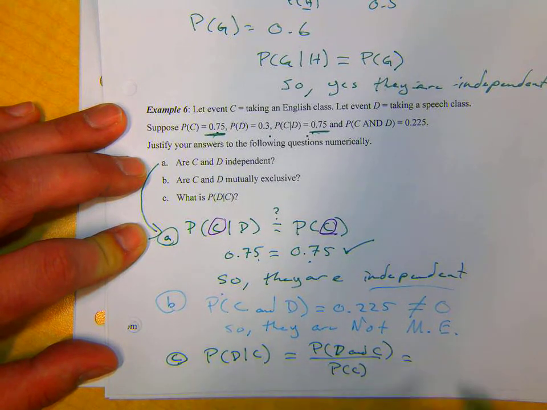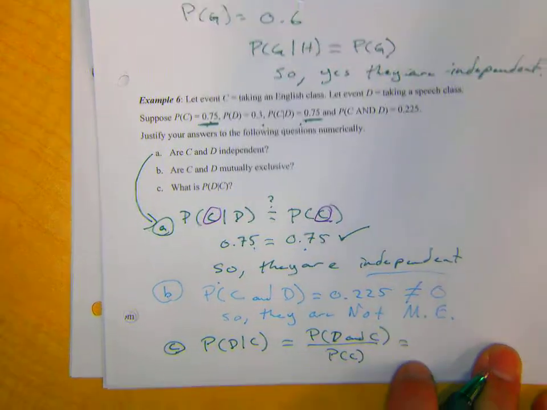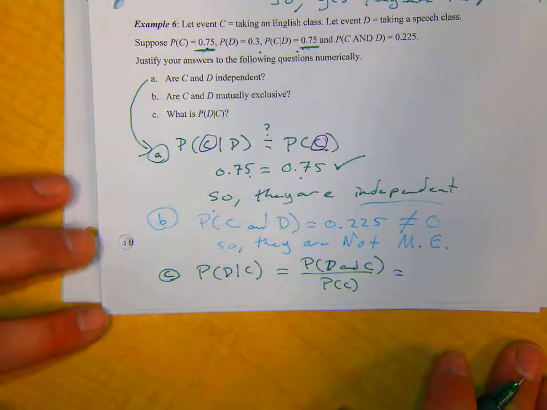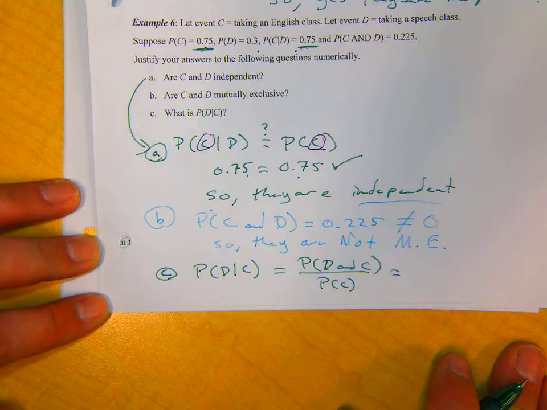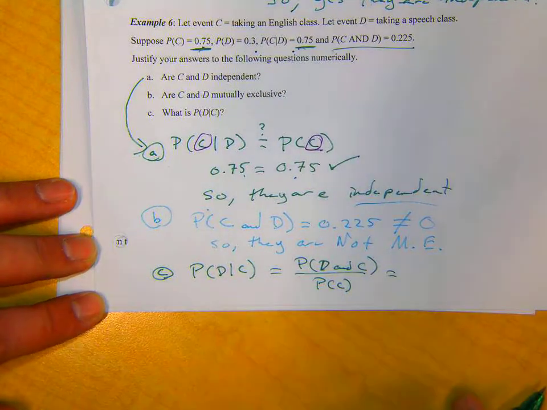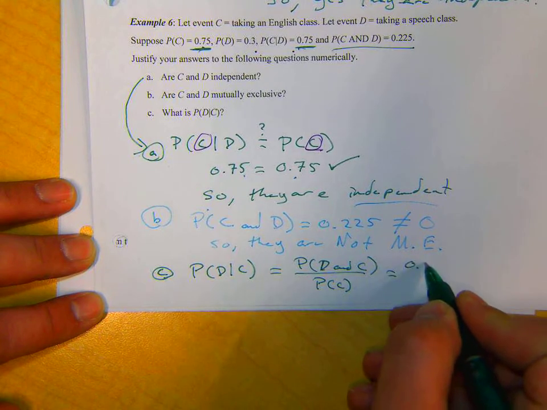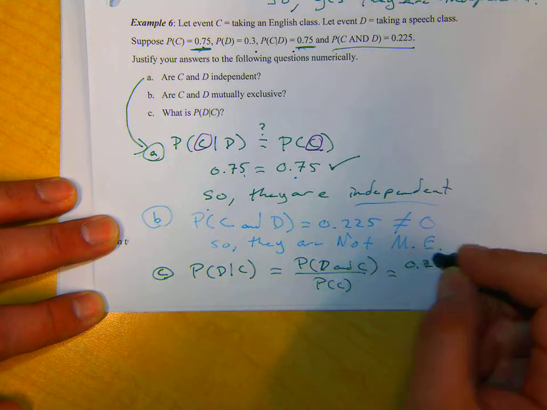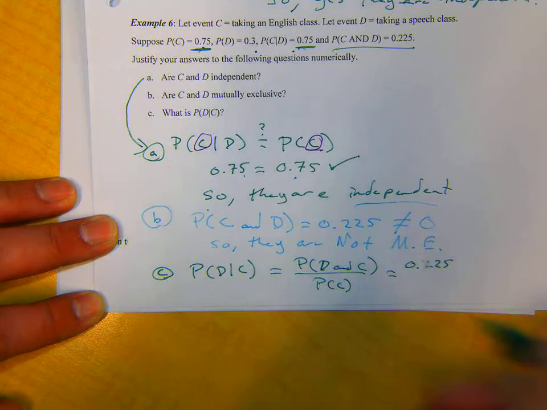What's the probability of D and C? It's the same as C and D. Probability of C and D is given to us as 0.225.